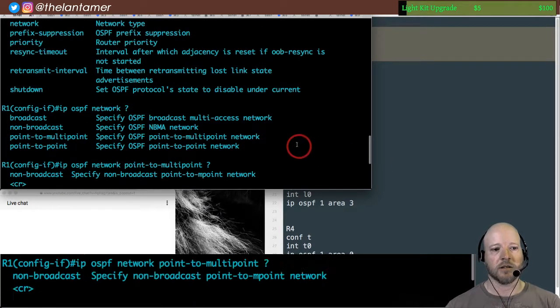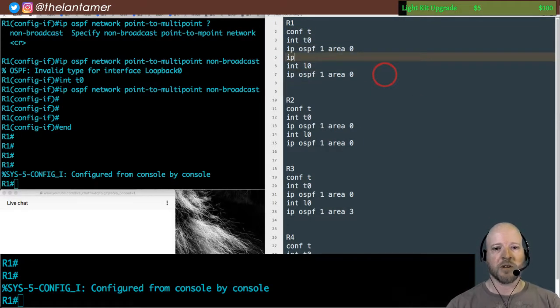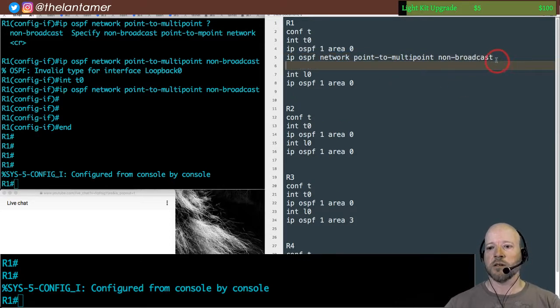So what was that command? IP OSPF network point to multipoint non-broadcast. I'm going to do that here.